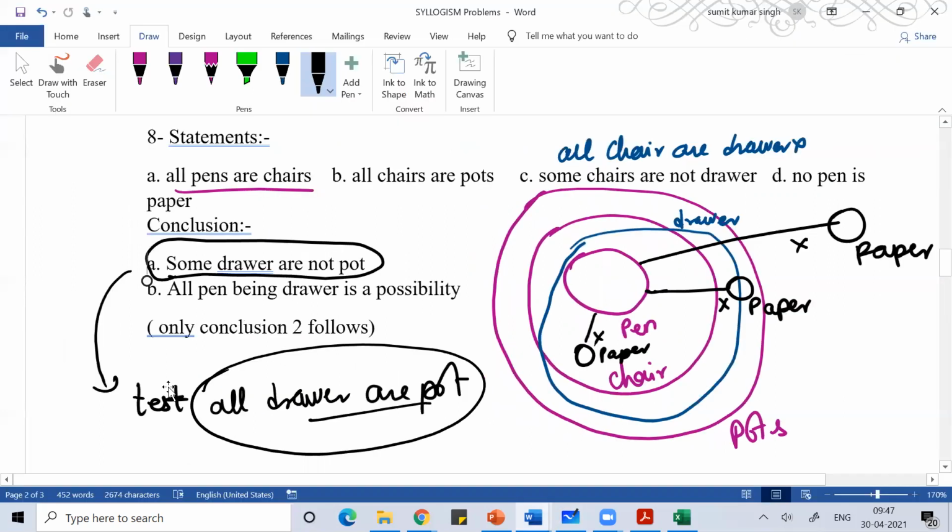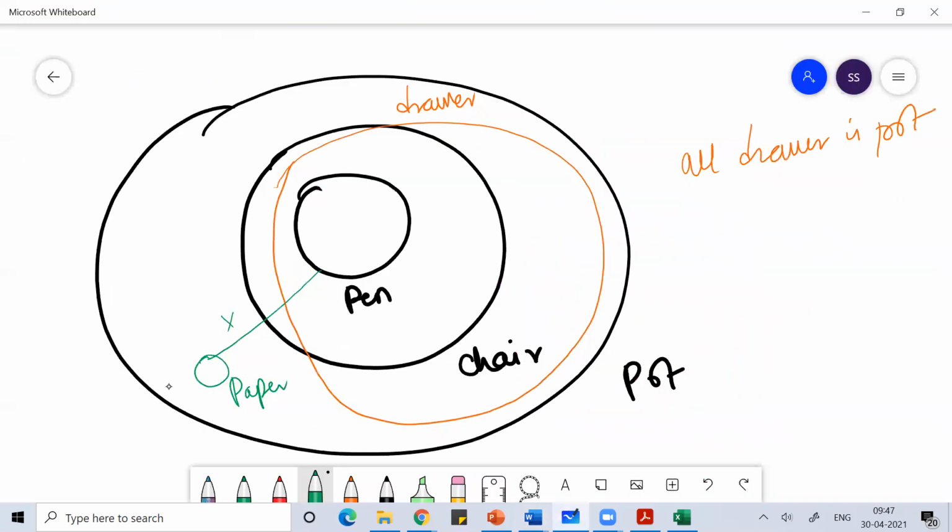Now I need to see whether this diagram I've drawn is violating any of the statements. If it is not violating any of the statements, it means all drawers are pot.